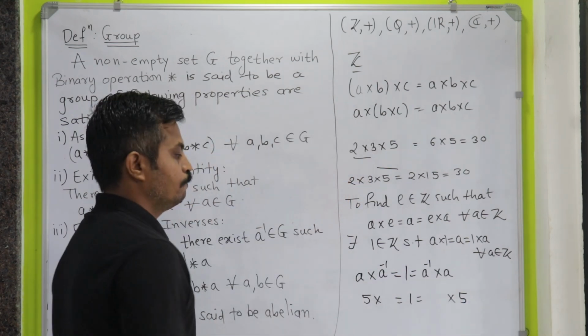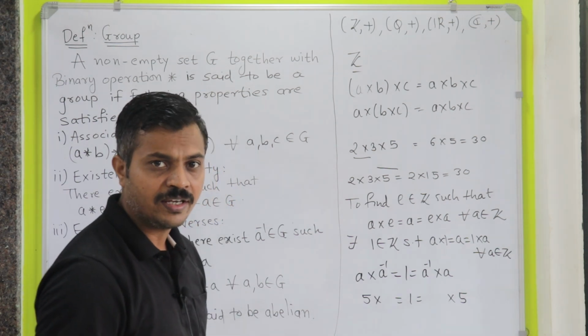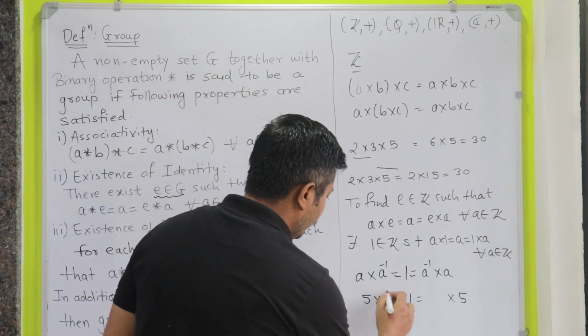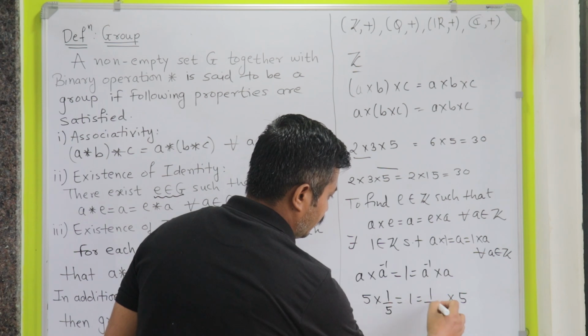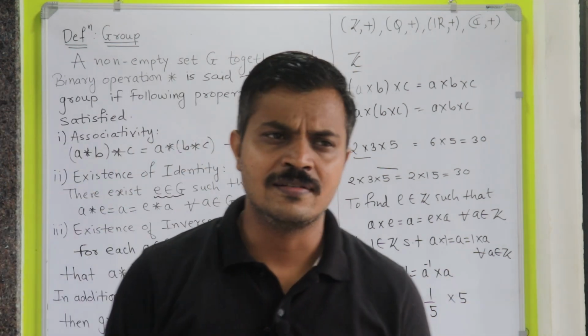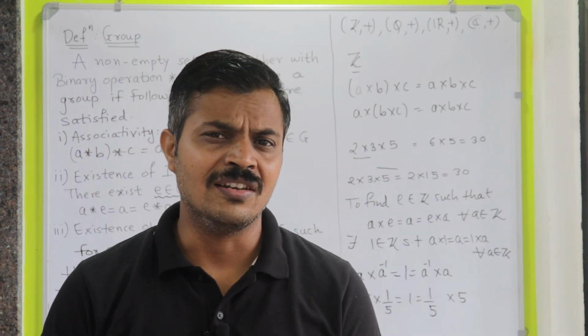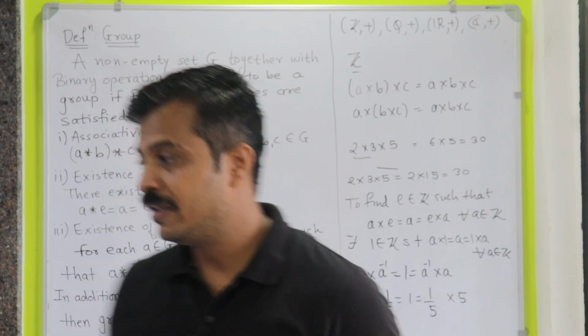Can you spot an element here for which this condition is satisfied? Yes, that is nothing but 1 upon 5. But does 1 upon 5 lie in Z? Because what is the property saying?